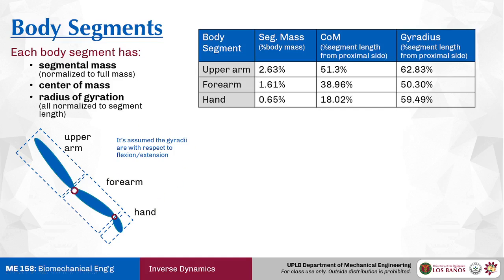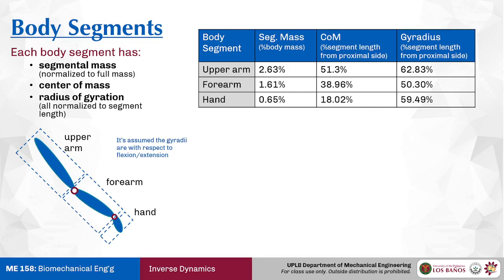When we see the radius of gyration, which is also called gyradius, we are assuming that it is only for the flexion and extension of the body segment. When the body segment does anything else, the body segment has a different profile depending on how you're using it. In flexion and extension, perhaps you can simplify it into a certain shape.